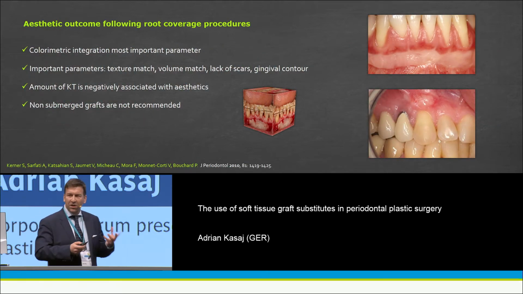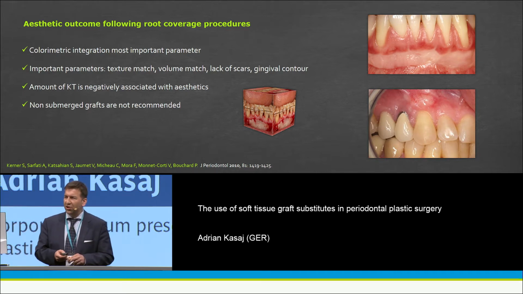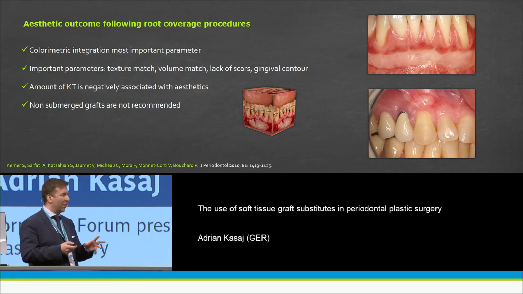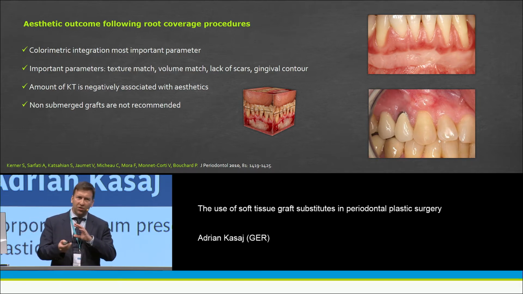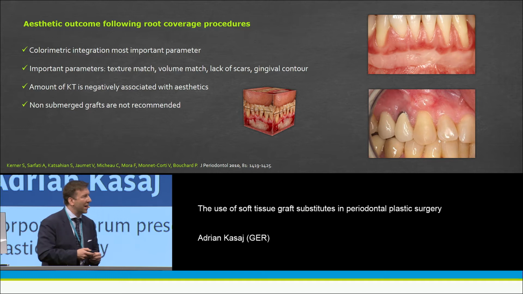And that's what we know today when it comes to aesthetic root coverage procedures. We know that the colorimetric integration is the most important parameter, followed by the texture match and the volume match. You also want a nice gingival contour, and you don't want any scars.